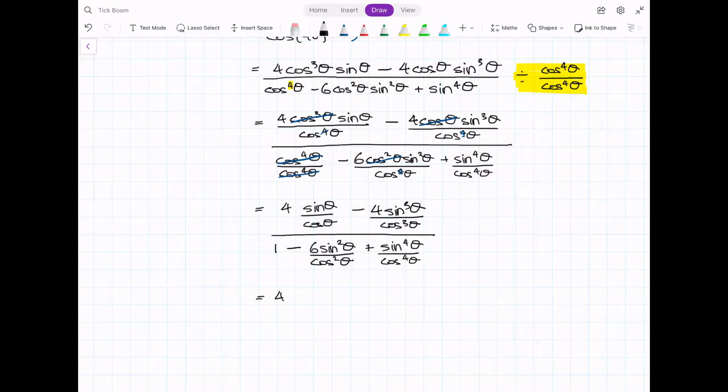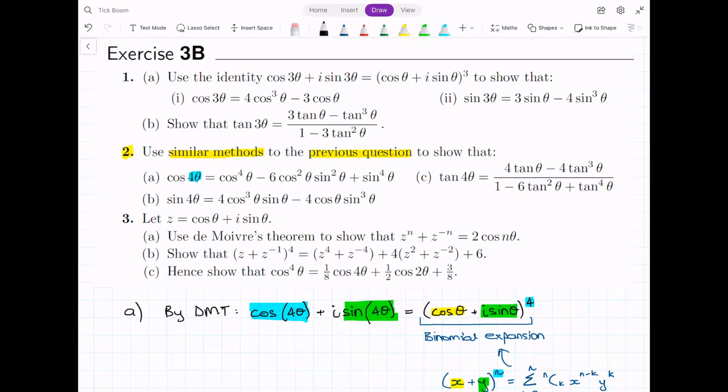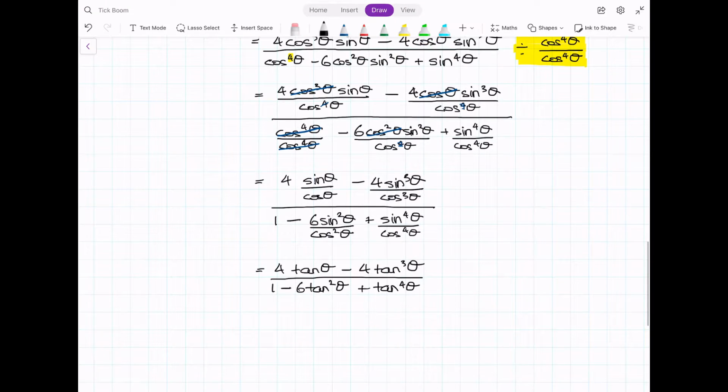So we'll get 4 tan of theta minus 4 tan cubed theta divided by 1 minus 6 tan squared theta plus tan to the 4 theta. And let's go back up to the question and see, is that as required? 4 tan theta minus 4 tan cubed theta divided by 1 minus 6 tan squared theta plus tan to the 4 theta. So that looks pretty good. That is as required.